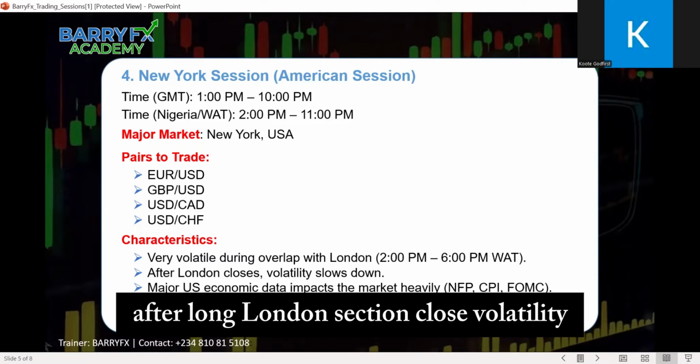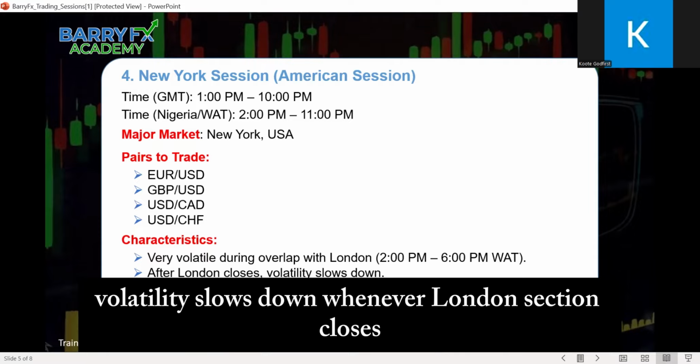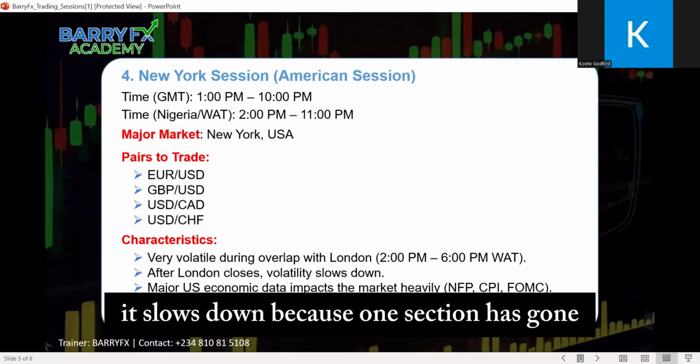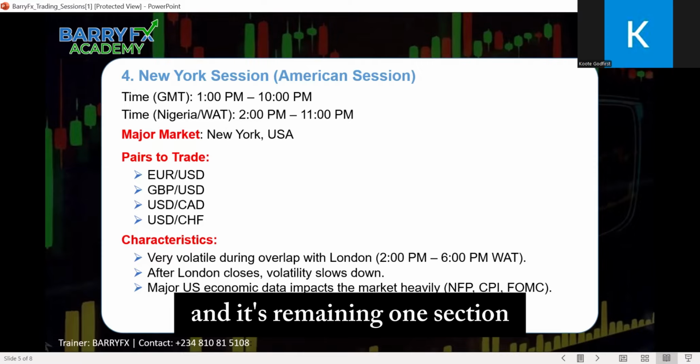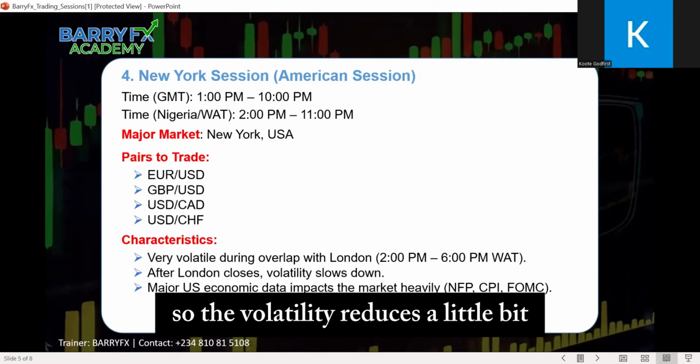After the London session closes, volatility slows down. Whenever the London session closes, the volatility slows down because one session has gone and only one session remains. So the volatility reduces a little bit. Understand?